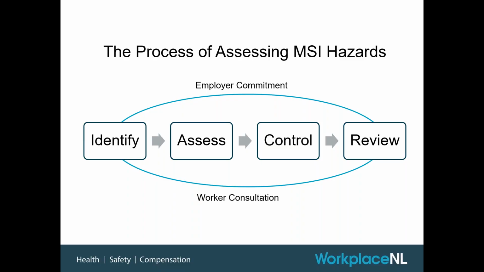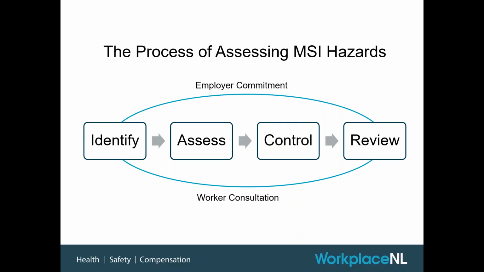So as a recommendation, if there are tasks where you already have workers who have experienced MSI claims, that's an indication that there are hazards. So that's one place to start. Maybe conduct a hazard assessment and see if any controls that have already been implemented are effective enough, or if more controls are needed.